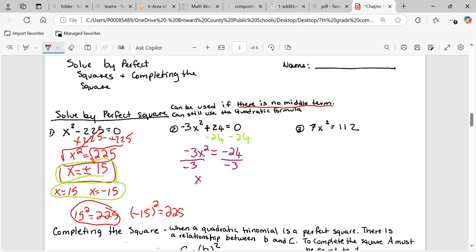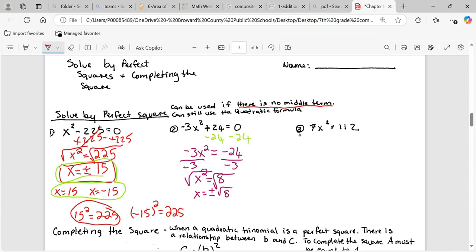To get the x squared by itself, I would divide both sides by negative 3. It's almost like I'm solving an equation. So x squared is equal to positive 8. And then I'm going to go ahead and take the square root, because the opposite of a number squared is the square root. So we have x is equal to plus or minus the square root of 8. Now the square root of 8 can be simplified.